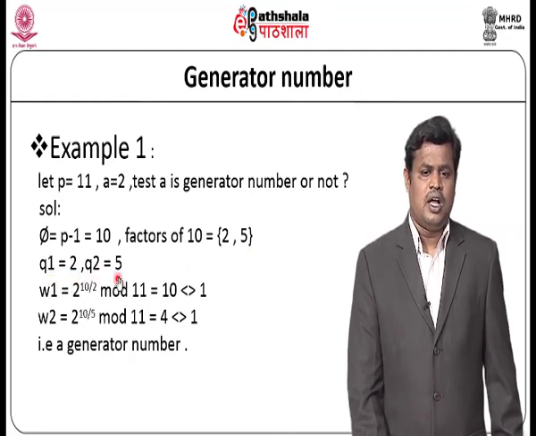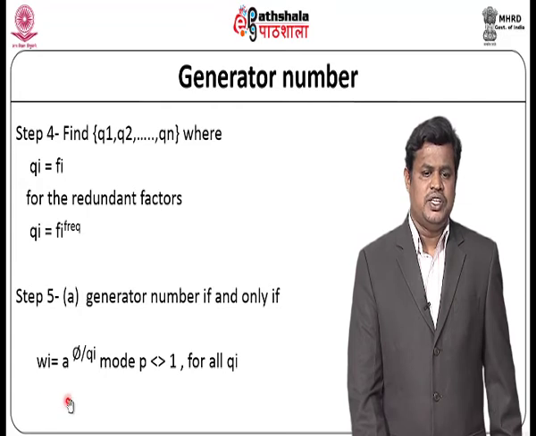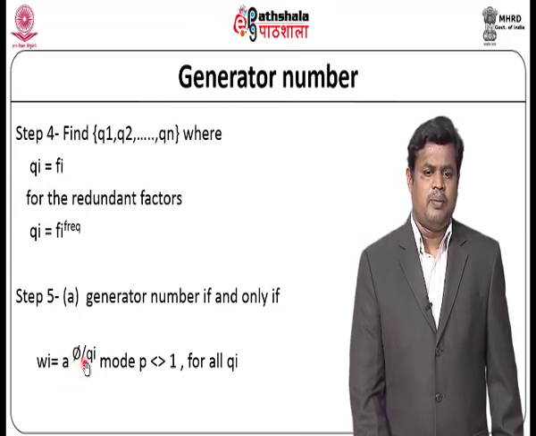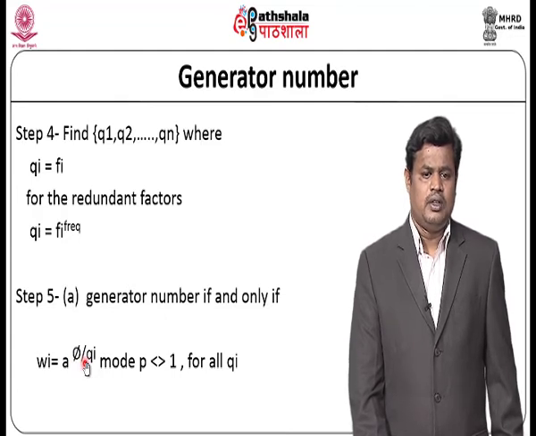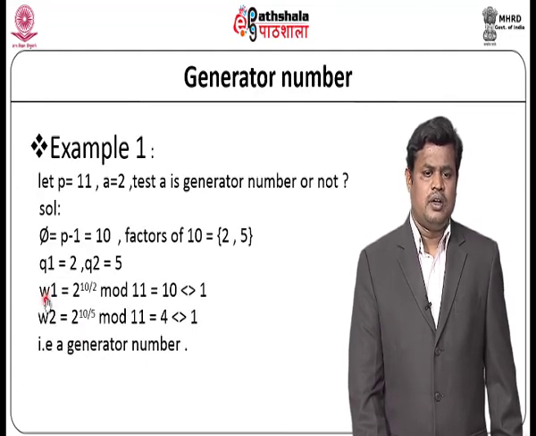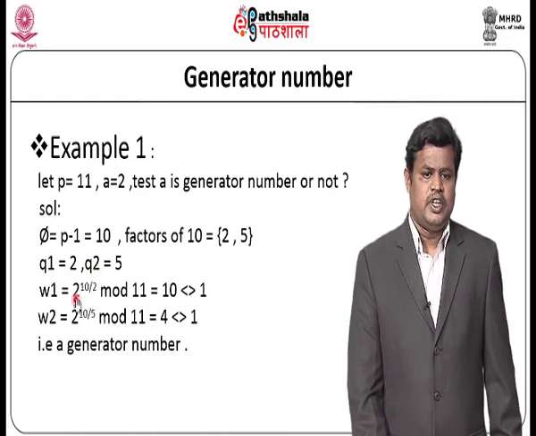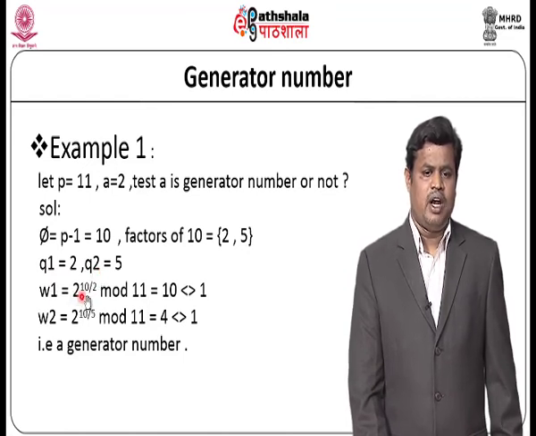Based on the last step, wi is equal to a power phi divided by qi mod p. Now what I have to do here is find w1 and w2, because we know there is q1 and q2. First I will take a power phi divided by qi.